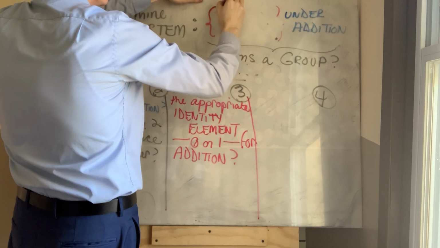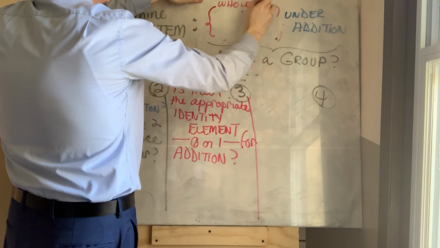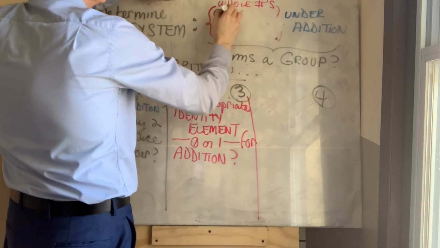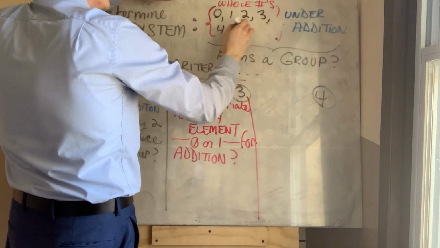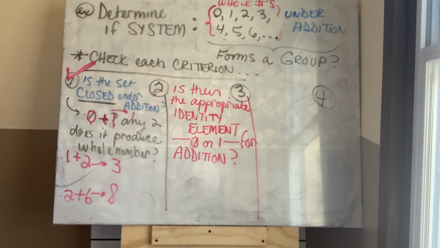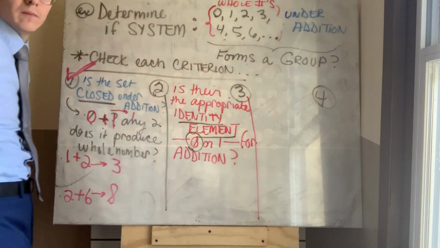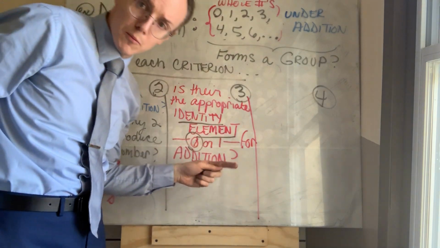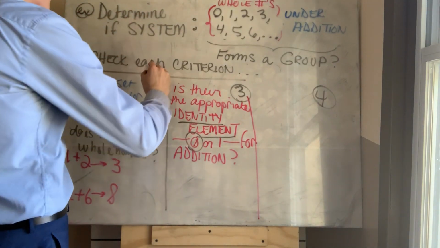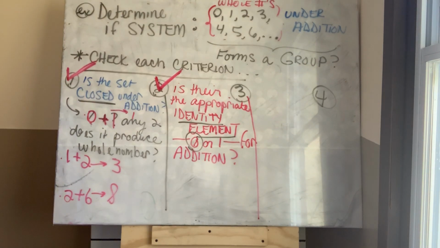These are whole numbers. Zero, 1, 2, 3, 5, 6 is where I went up to. For addition, the appropriate identity element would be 0, rather than 1, because 1 would be more appropriate for multiplication. So therefore, yes indeed, criterion number 2, requirements, whatever you want to call it, is also satisfied.